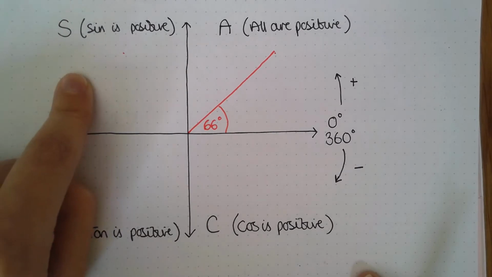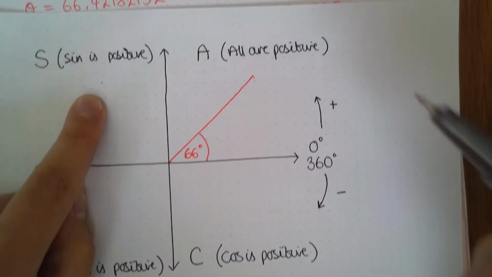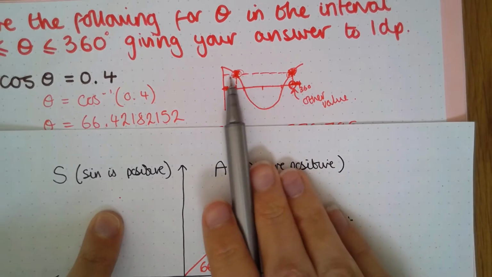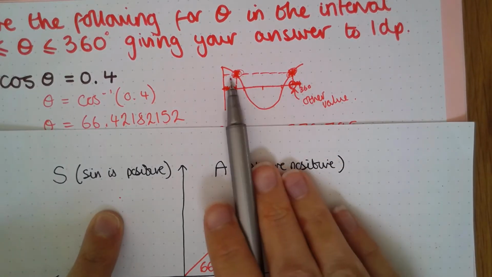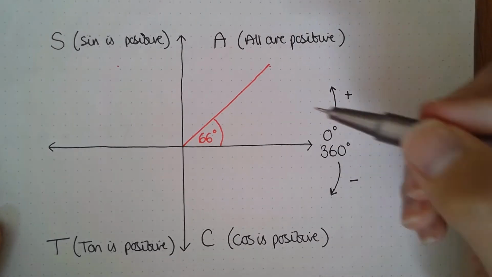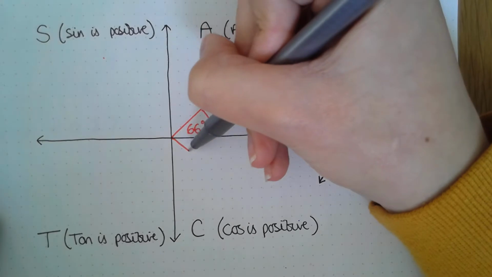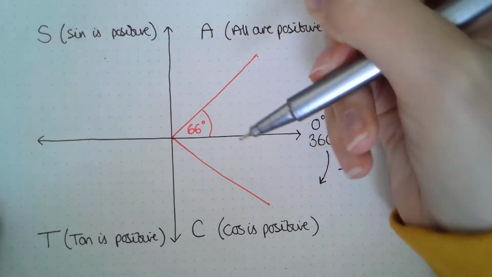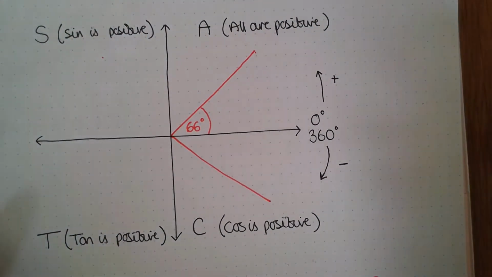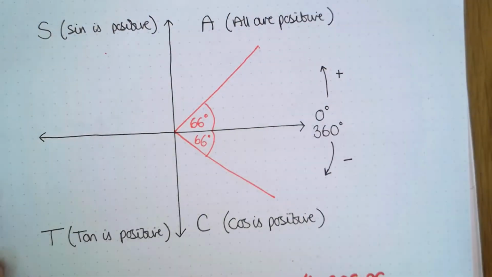So if we went over here, we'd be finding the negative solution, but that's not the same. Here, we want the same solutions, the same value. So the only other place that cos is going to remain positive is down here. So down here, that's how to find the other solution. So this angle is also going to be 66 degrees.